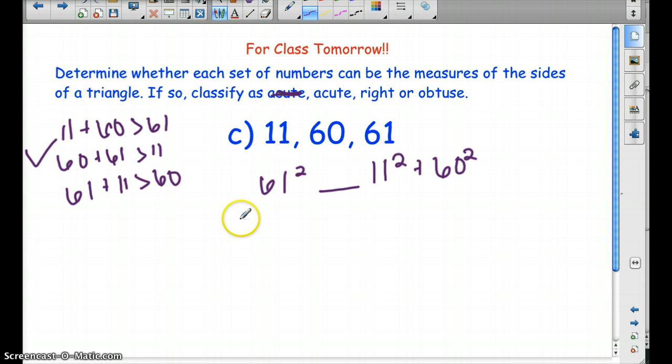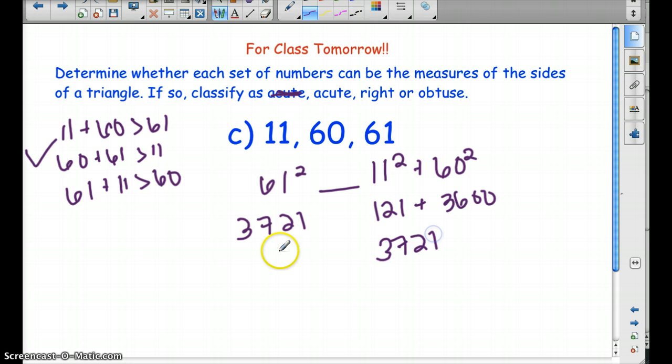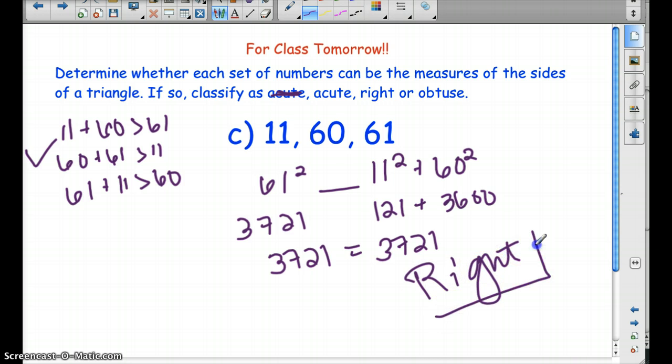So 61 squared is 3,721. 11 squared is 121. And this is 3,600. Ooh, and look. They're equal. So when they're equal, they are right. Very good.